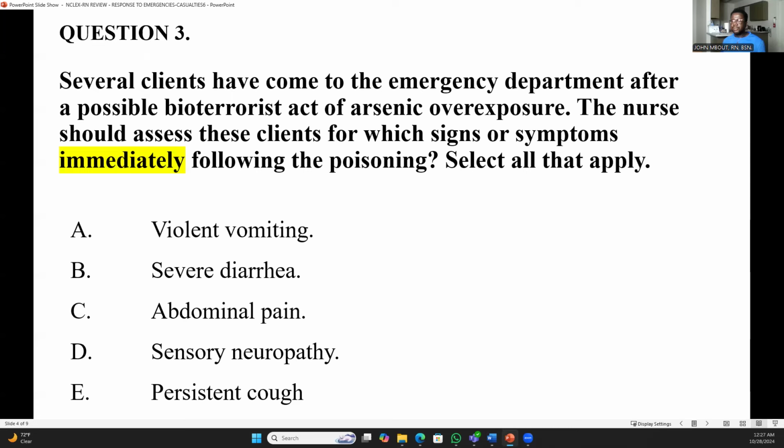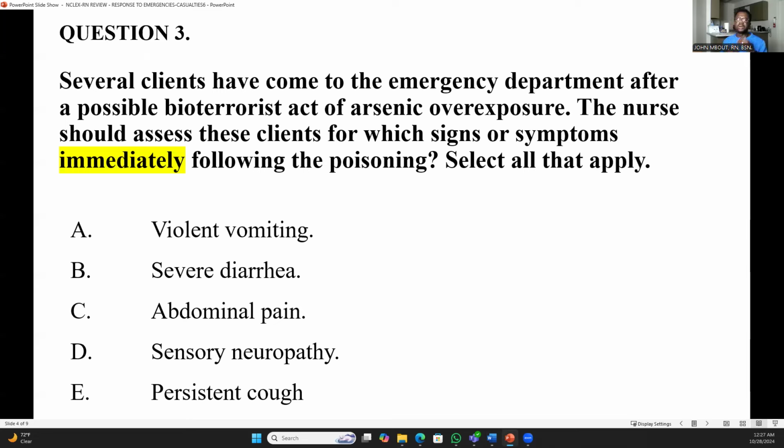C, abdominal pain. D, sensory neuropathy. E, persistent cough. So which ones are signs and symptoms of arsenic exposure? We have A, B, C. Okay, violent vomiting, severe diarrhea, abdominal pain.